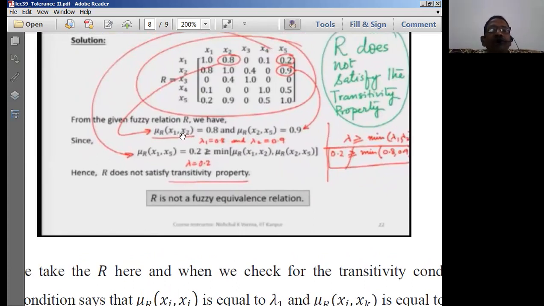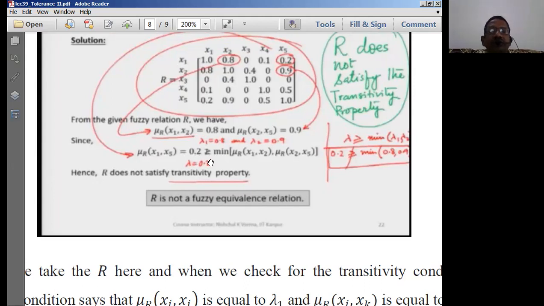mu R when you take x1, x2, and then x2, x5, let us say 0.9. Then next x1, x5. What is x1, x5? It's going to be 0.2. Is 0.2 greater than or equal to the minimum of these two? The minimum of 0.8 and 0.9 is 0.8. This condition is false.